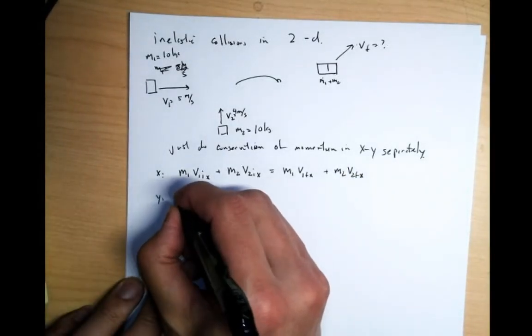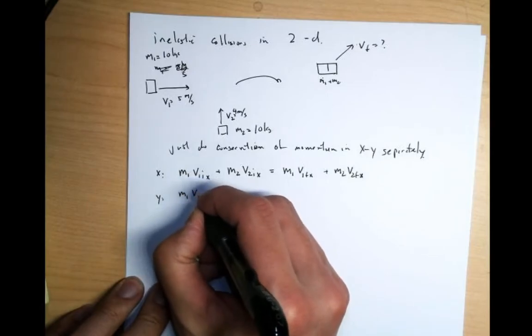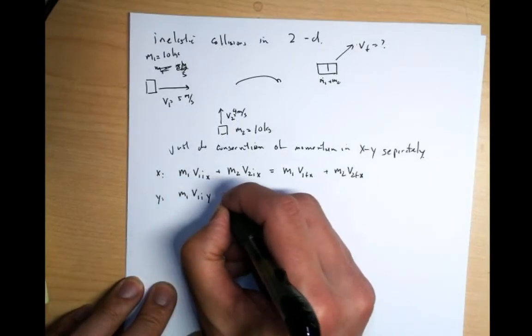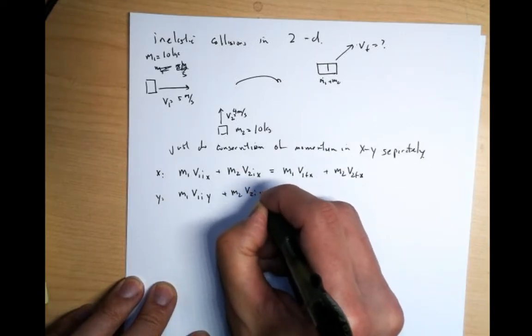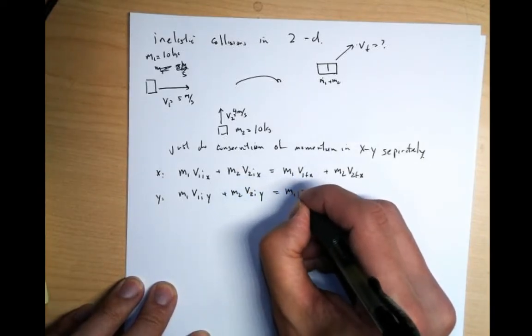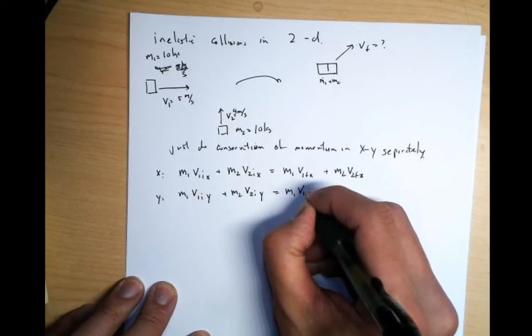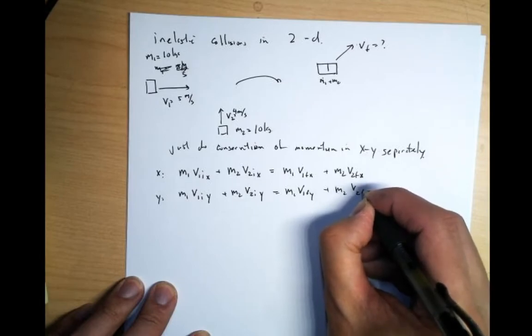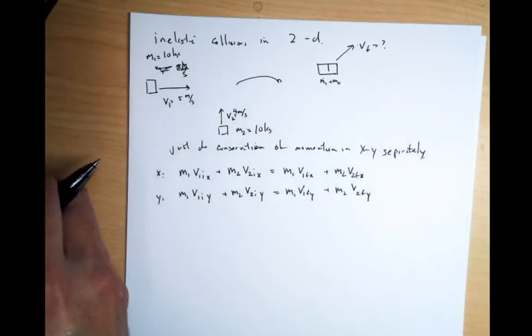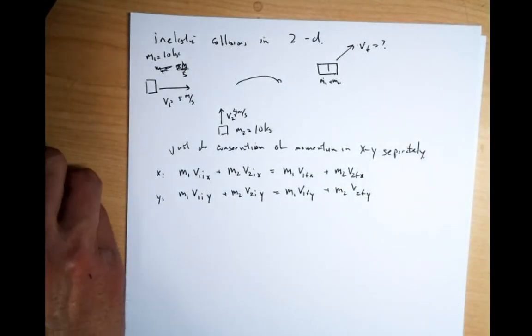And similarly for Y: M1 V1IY plus M2 V2IY is equal to M1 V1FY plus M2 V2FY.